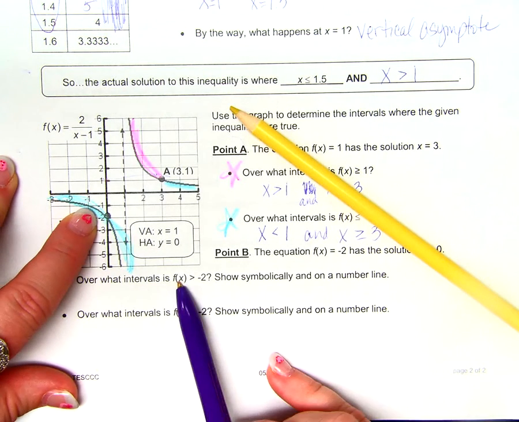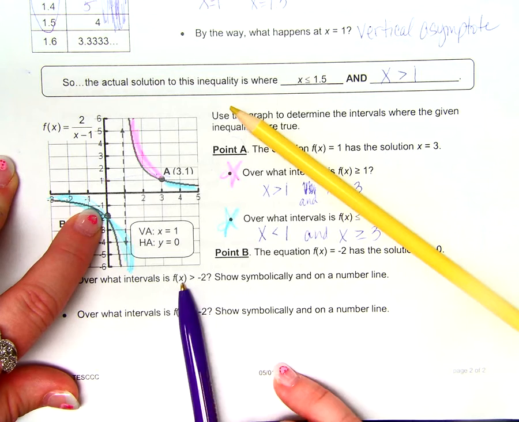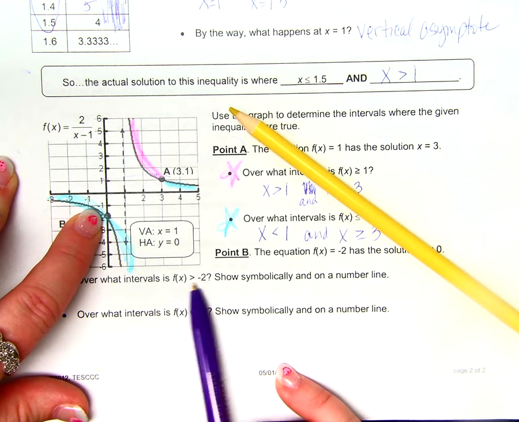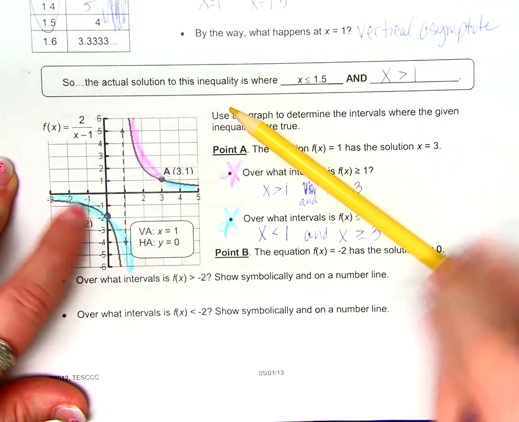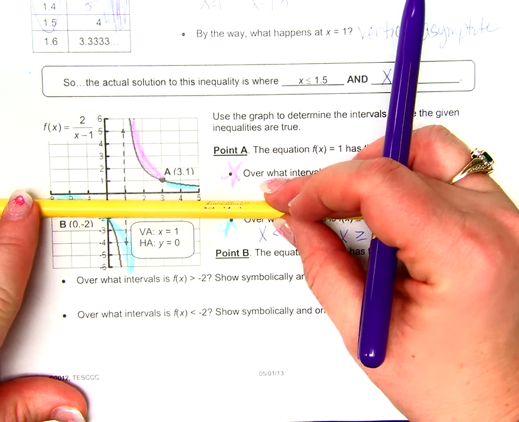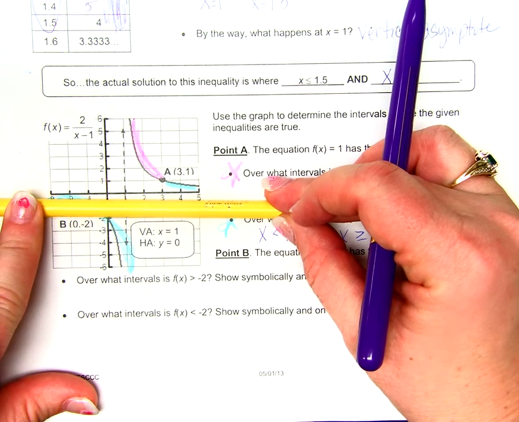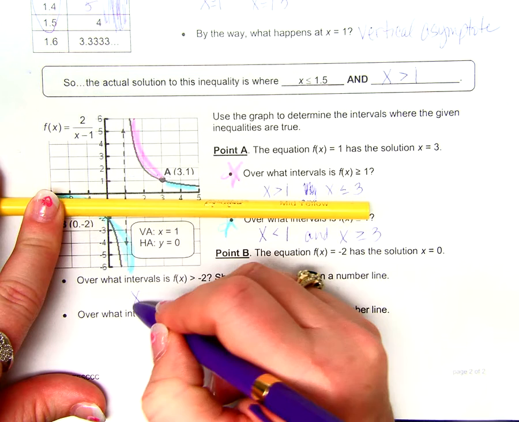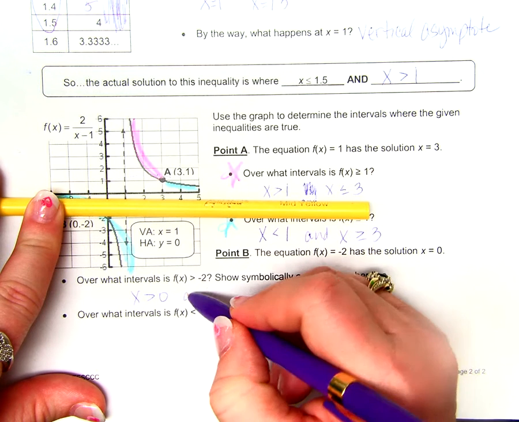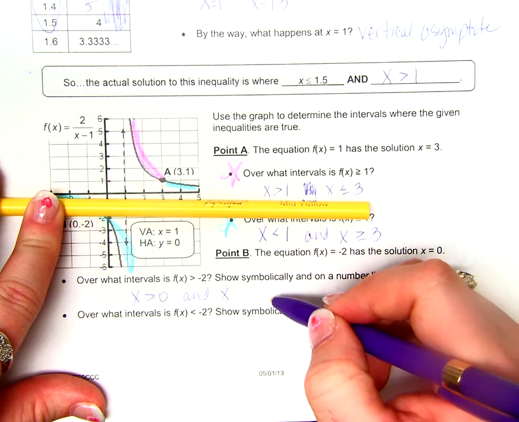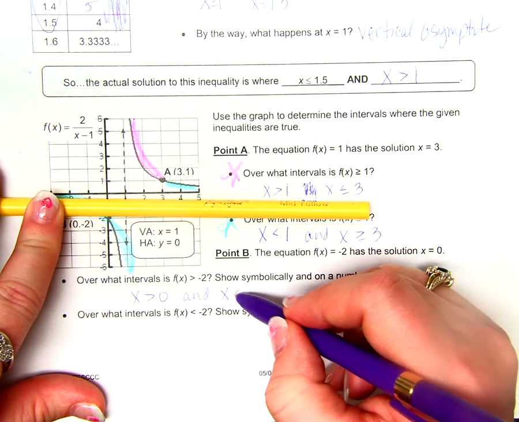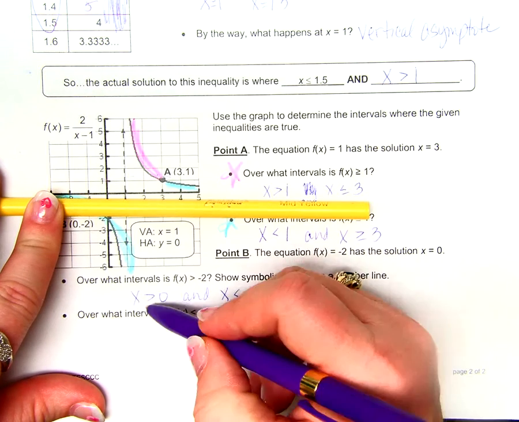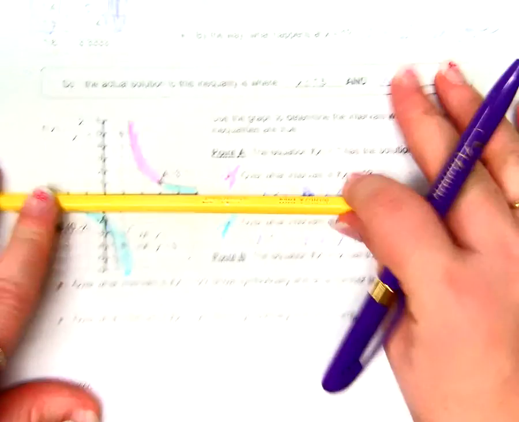So on what intervals is the value of the function, the y values, less than -2? When is it less than -2? When x is greater than 0 and when x is less than 1. Greater than or equal to 0? Right?